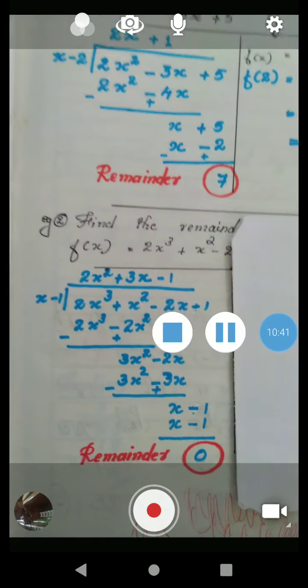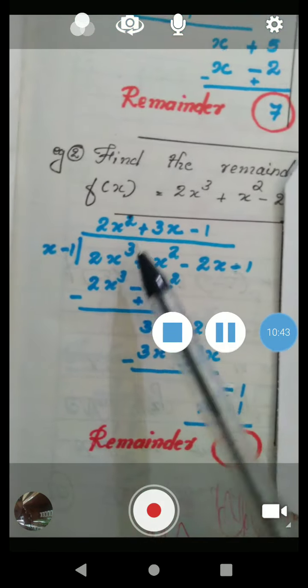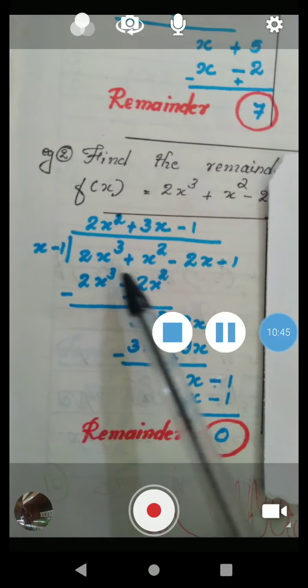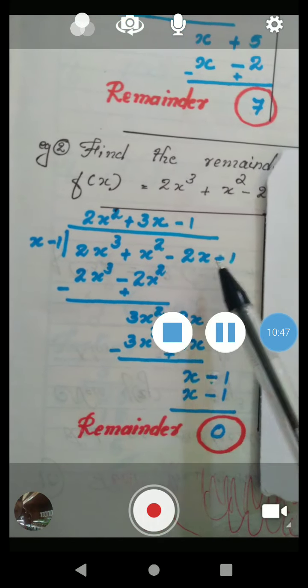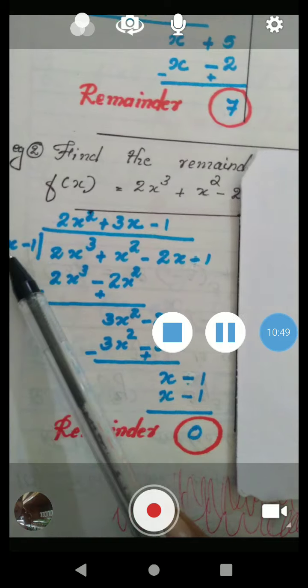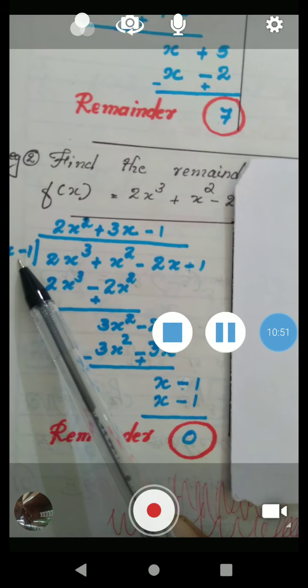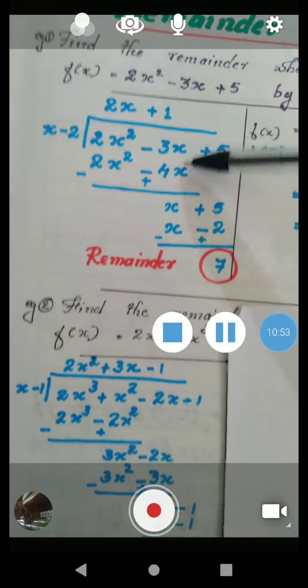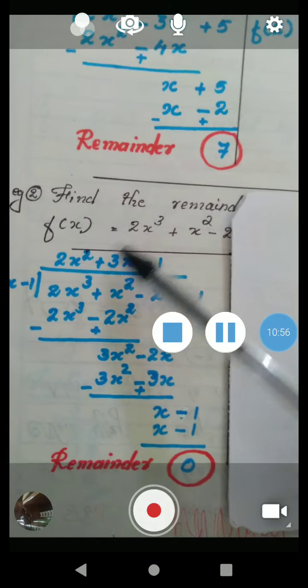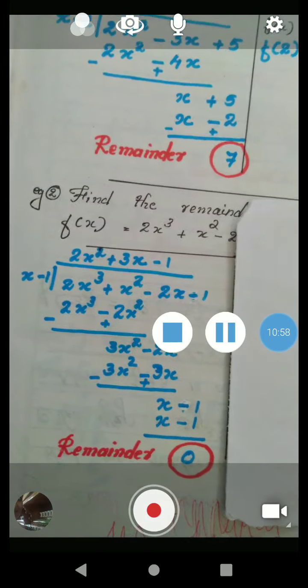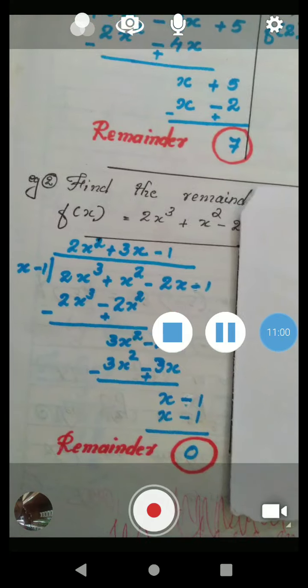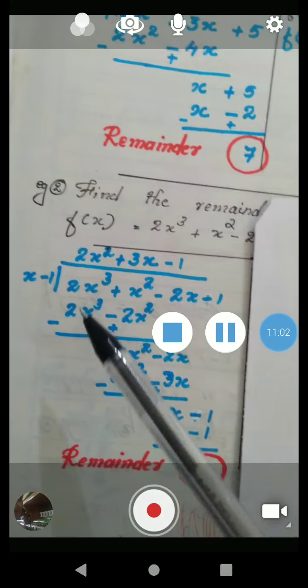You can see by long division, 2x cube plus x square minus 2x minus 1 divided by x minus 1. The same process we can use. This long division you already studied, so you can do that.